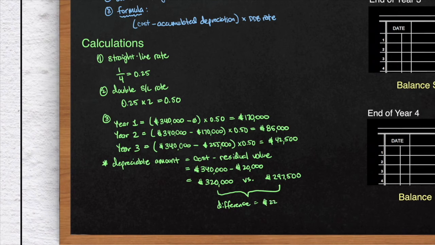The three depreciation amounts added together from the first 3 years. The difference is $22,500. So in year 4, you don't put it into the formula in the very last year. Instead, you take what you can depreciate up to, which is 320,000, and that amount is $22,500.